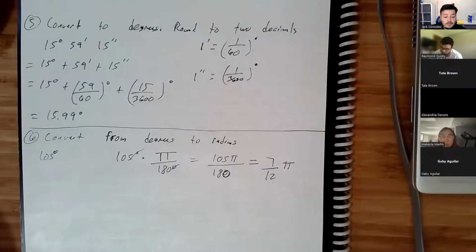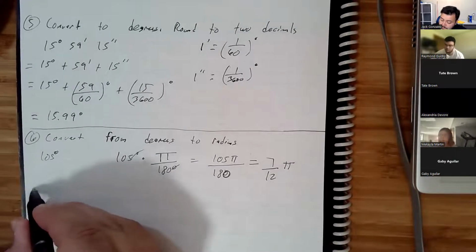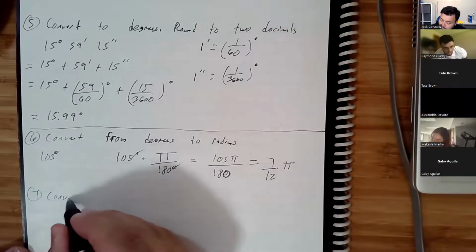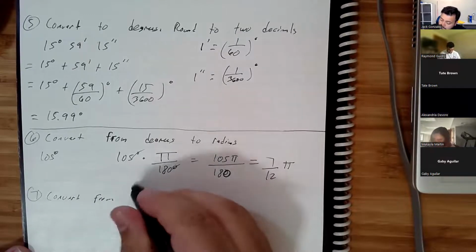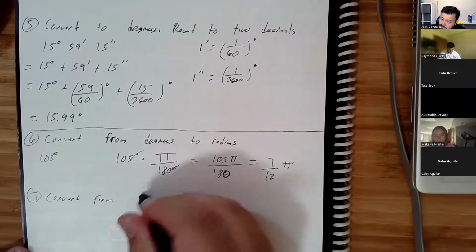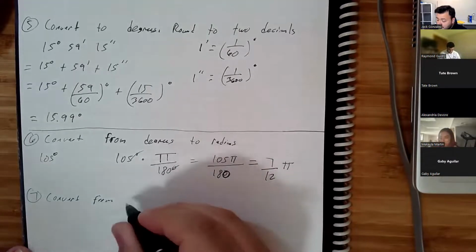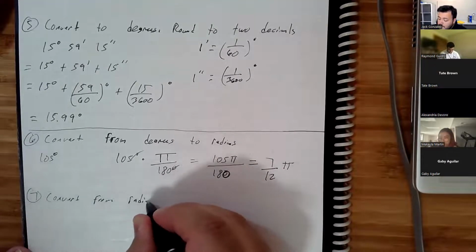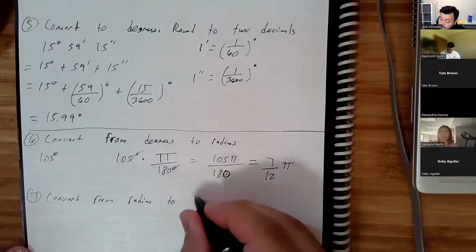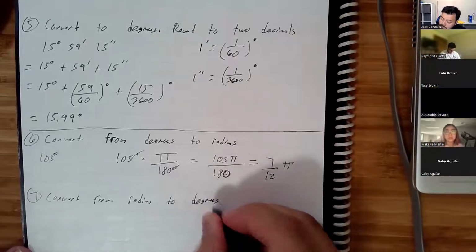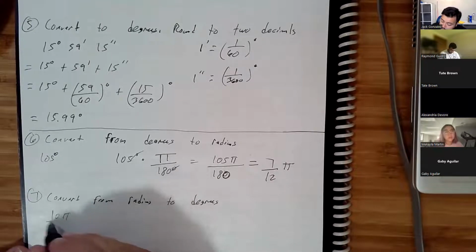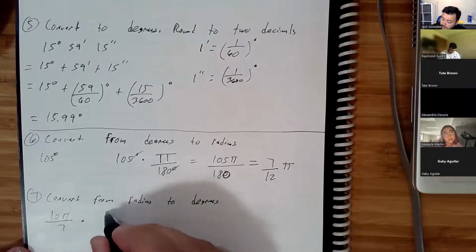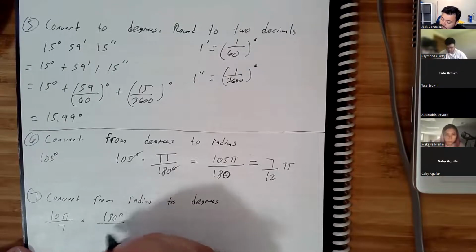Number 7 is going the other direction. Any questions? Number 6. Okay, so if I want to get degrees, you want to cancel the pi. So multiply by 180 degrees over pi.